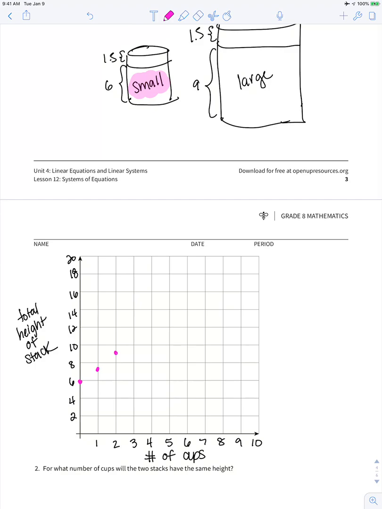It's not going to be perfect because I'm estimating. 4 is going to actually be right at 12. And somewhere around here. I have enough points that I'm going to connect. So that's for the small stack.